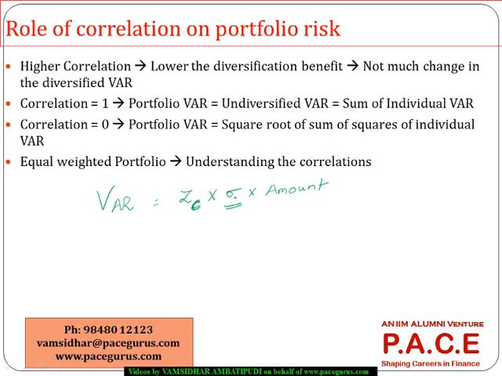is nothing but the square root of the variance. So the standard deviation of the portfolio, we know that we can compute as W1 squared sigma 1 squared plus W2 squared sigma 2 squared plus 2 W1 W2 times the covariance between 1 and 2.